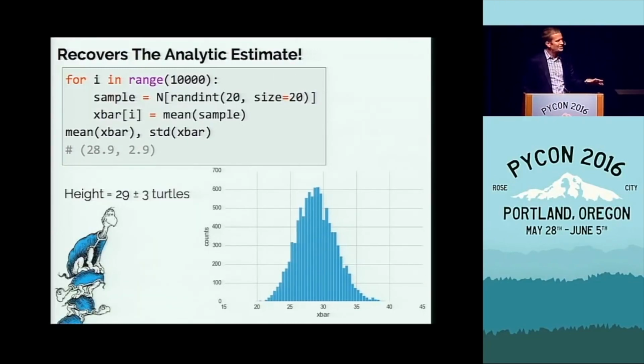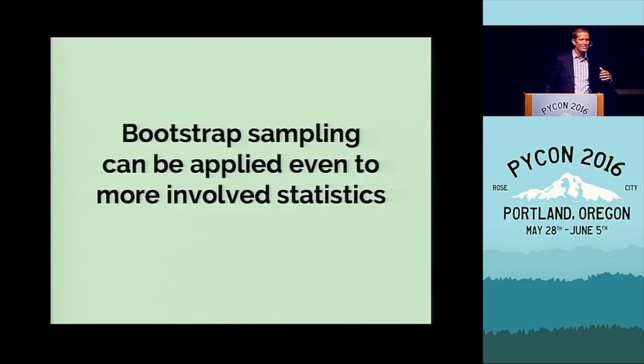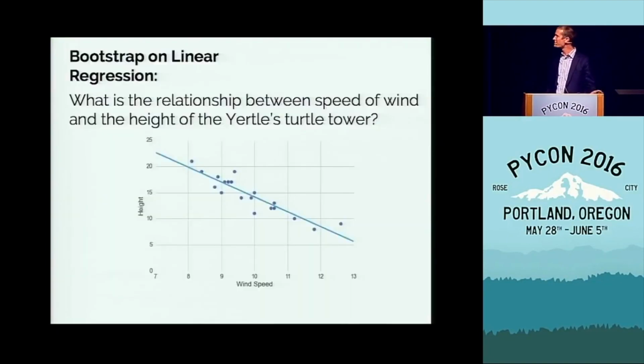Now, this is a little bit simplistic, but the nice thing about bootstrapping is you can apply it to even more complicated statistics. Let's say we go out and we measure not only the height of Yertle's towers, but we also measure the wind speed. And we want to know how the wind speed relates to the tower height. We can plot this line on the data, and we can measure the slope and intercept.